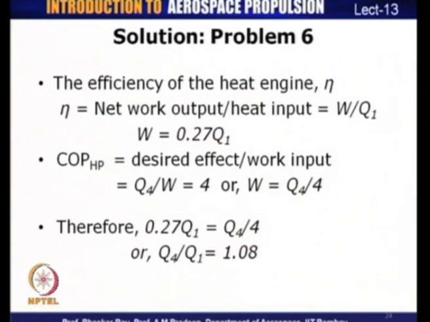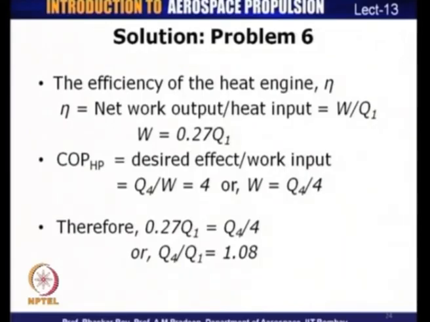Similarly, we have been given the COP of the heat pump. COP is desired effect by work input, and for a heat pump the desired effect is Q4. So, Q4 divided by W is equal to COP, which is 4 in this case.